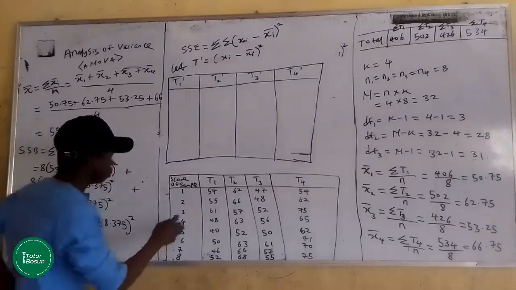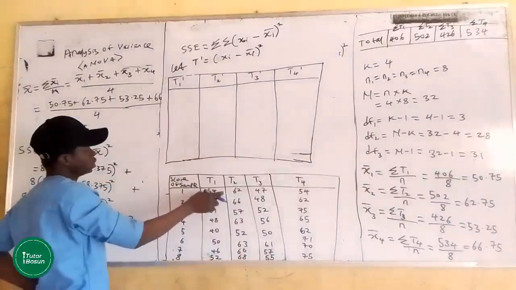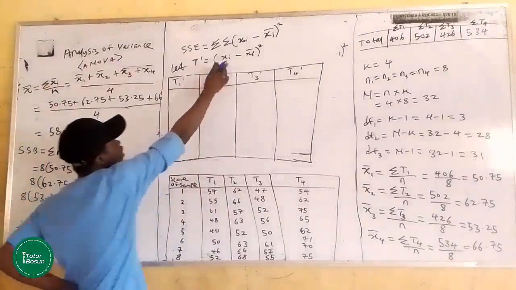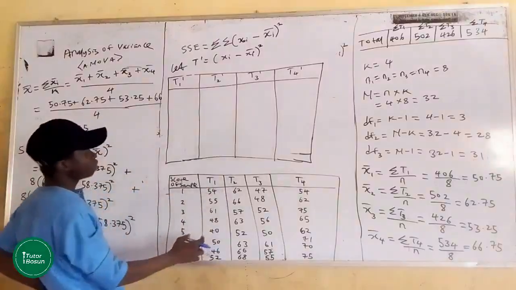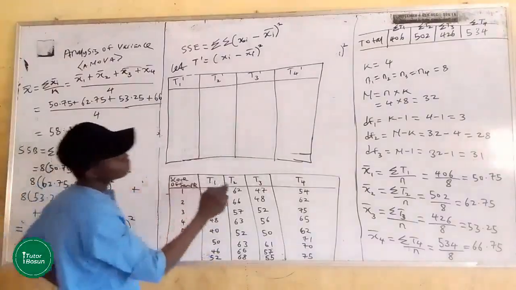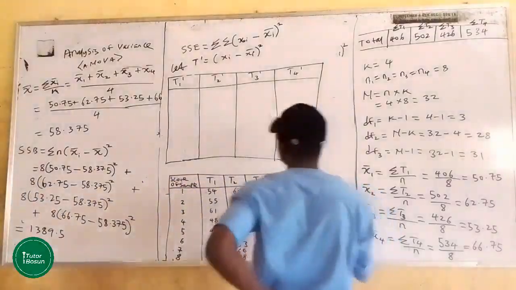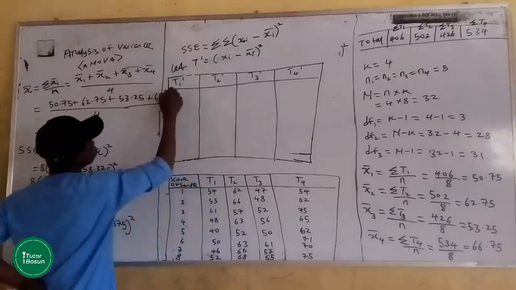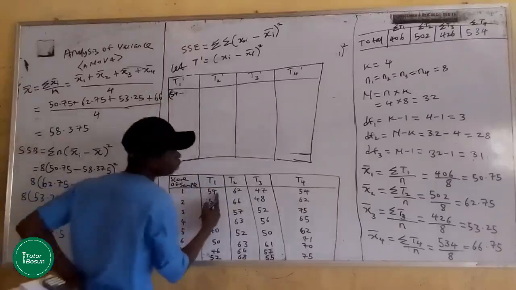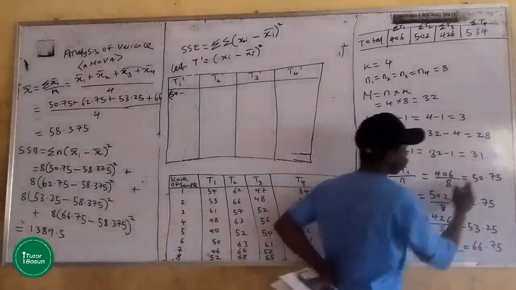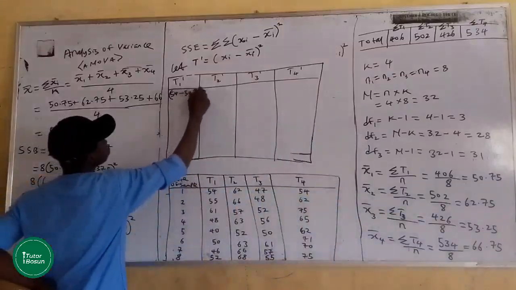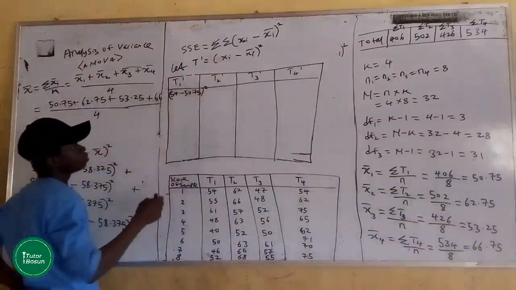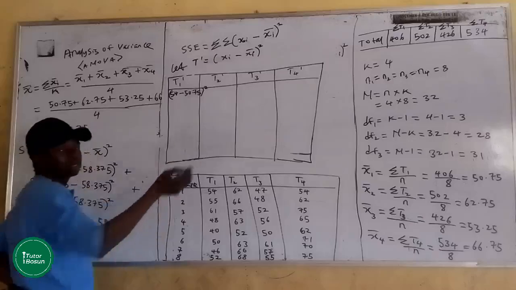And here we have T1, that is the mean, minus the mean for this group, minus x1. So that's definitely 54 minus 50.75 squared, minus 3.75 squared, and so on.